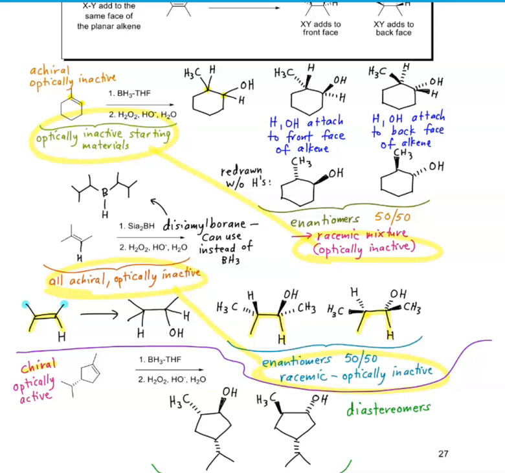What's really important is to recognize the fact that because the alkene is chiral, the faces are not equivalent and we're going to get more of one product than the other. So in the case of diastereomers, when we form diastereomers in these addition reactions, we're forming them in unequal amounts. Now, any mixture of diastereomers that would form from a reaction like this one will be optically active.